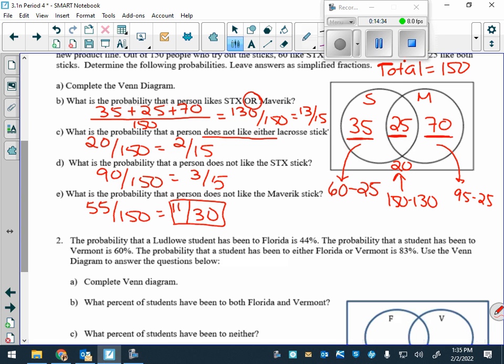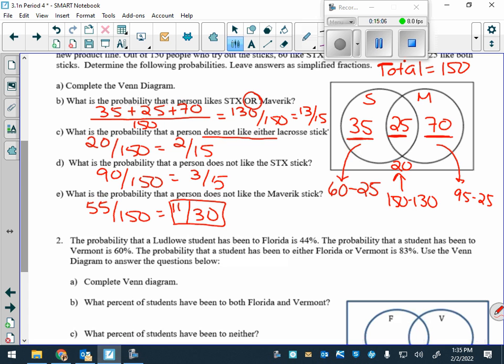It's either Sticks or Maverick or both. Does not like either is the outside. What is the probability that a person does not like Sticks? You have to add up only Maverick and the outside, because the outside also includes does not like the stick. Same thing for Maverick. Does that make sense?